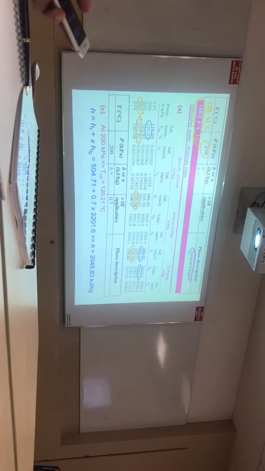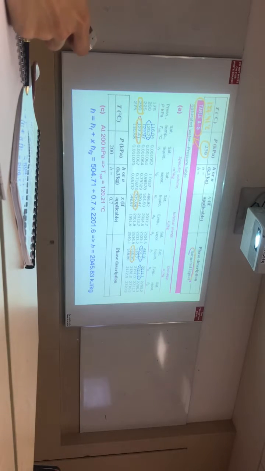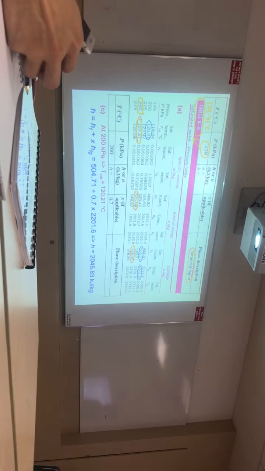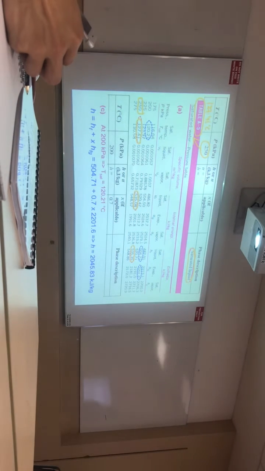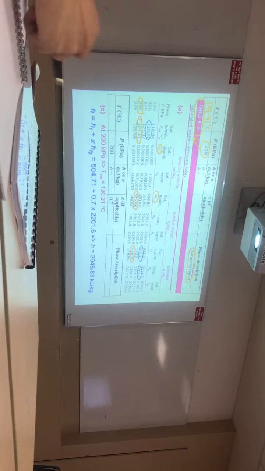I changed the color, right? So you can understand. Saturated liquid, right? That's why I choose all yellow color because of saturated liquid. I put another saturated liquid, right? This one, yellow, all yellow.